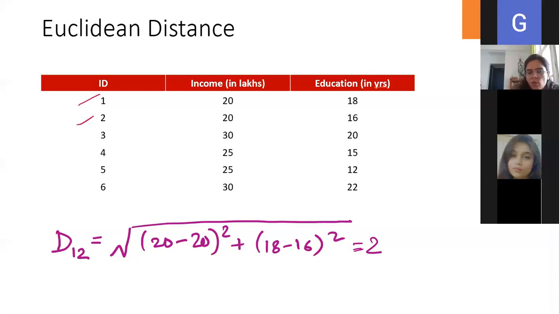Okay, I asked them what is the income in lakhs, that is 20 lakhs. The second one also said 20 lakhs. And what is their education? Okay, in years. So 18 years, 16 years. And it computes the Euclidean distance. Euclidean distance is just the distance formula, x2 minus x1 whole square plus y2 minus y1 whole square.